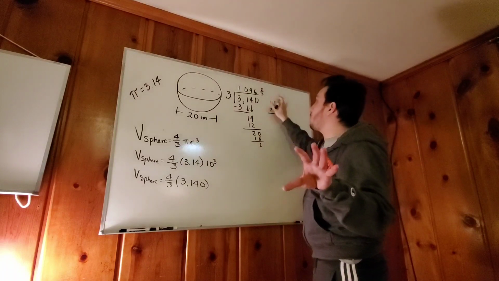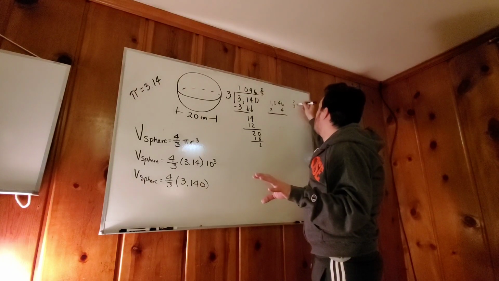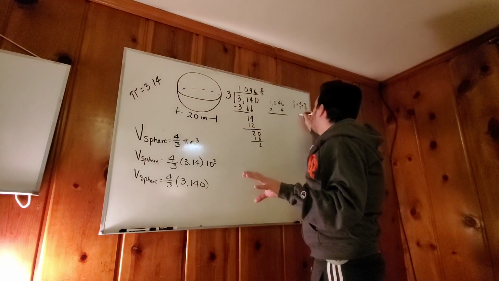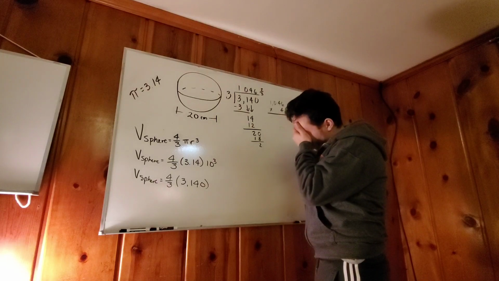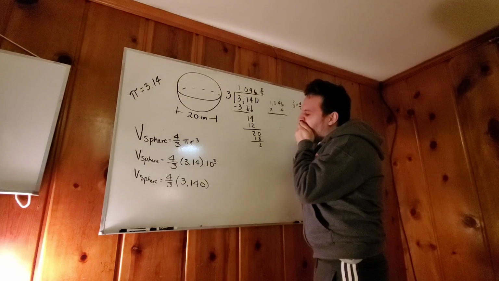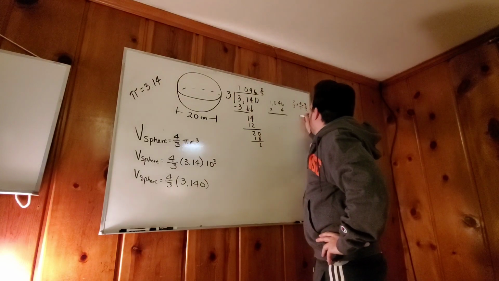But I'm going to do first the whole numbers, and then I'm going to multiply 2/3 times 4 over 1, which is 8/3, which is the same thing as 2 and 2/3.